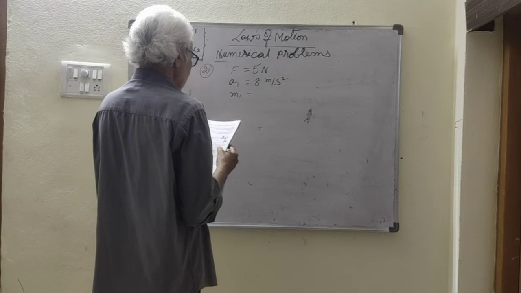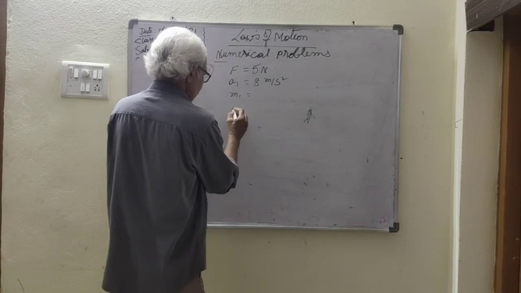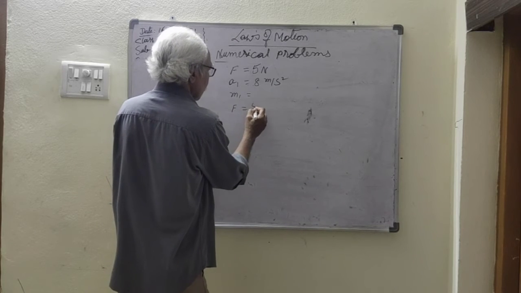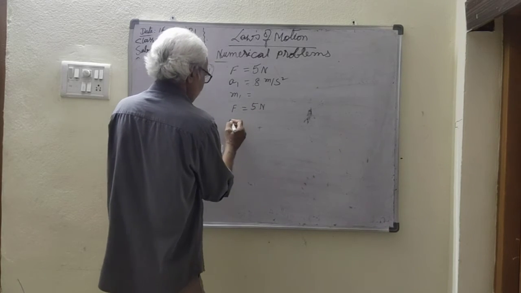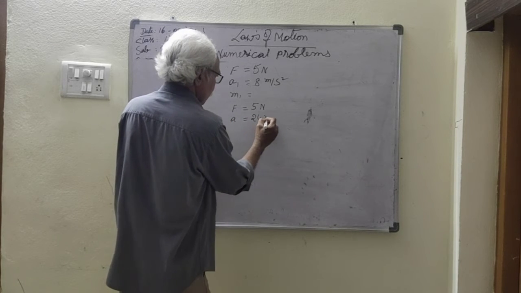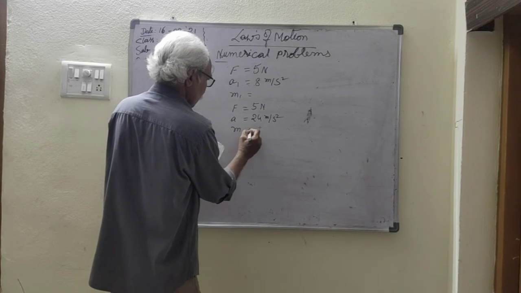And an acceleration of 24 meters per second squared, mass m2. Same force is applied here. Again, force is equal to 5 Newtons and acceleration is equal to 24 meters per second squared and mass m2 you have to find.